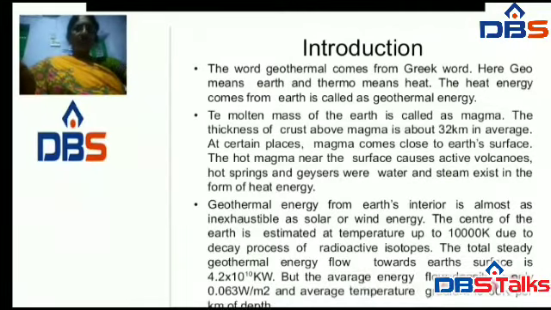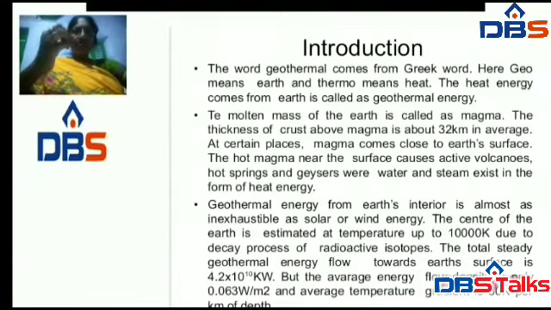The temperature of these rocks and water gets hotter the deeper you go. When water comes from the permeable rock, it absorbs the heat from the magma and produces heat energy, and this heat energy goes to a turbine, which is coupled to a generator. From that generator we get the electrical energy.